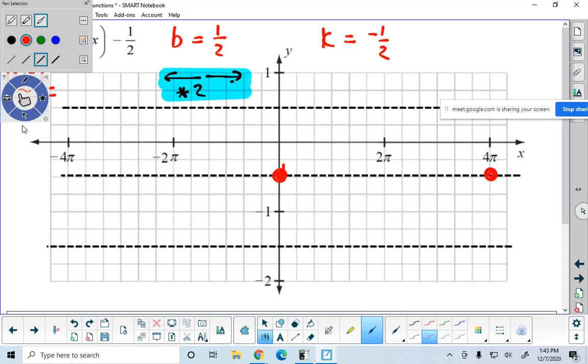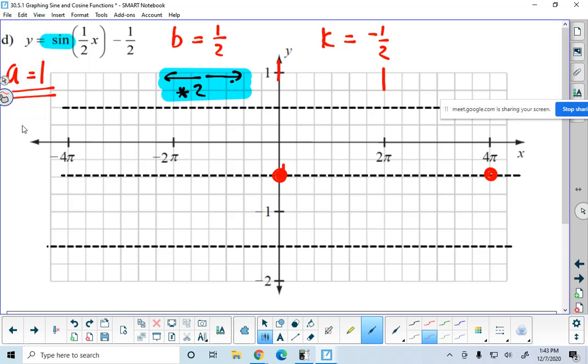So we split this up into 4 equal chunks. And we go up to here, down to here, down to here, up to here. So this is what it looks like. If you wanted to, you could draw in another one on the other side.